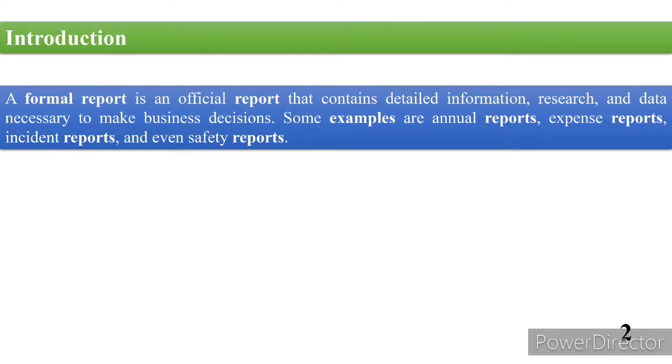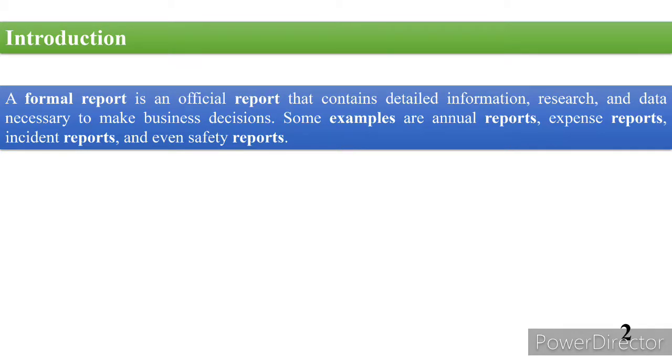In the introduction part, the formal reports consist of three major subsections, like the front section, in which we focus on the table of contents, summaries, abstracts, or introduction.